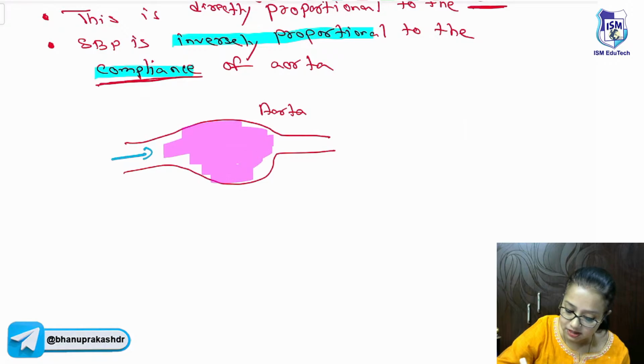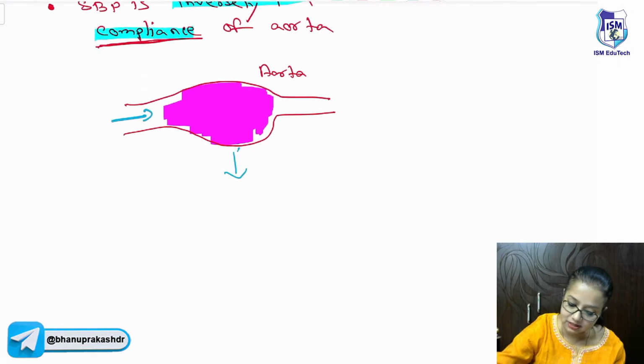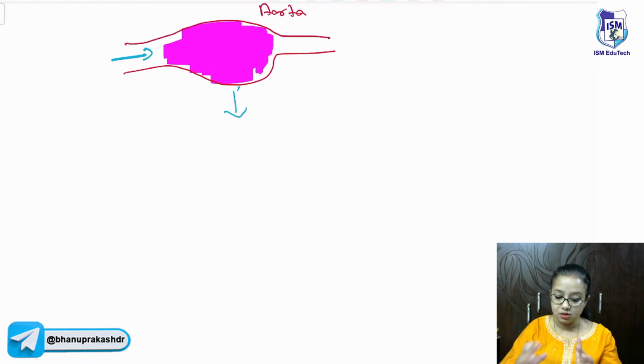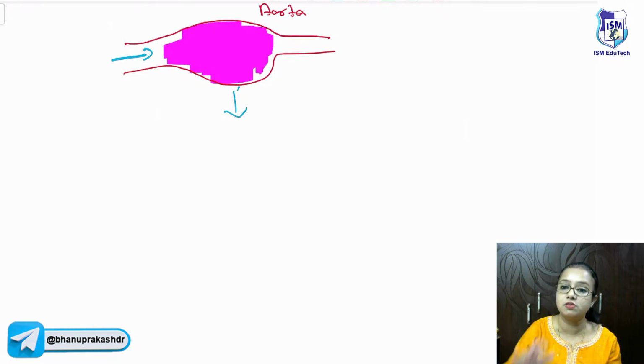Now, when the blood is entering in large quantity or in more volume, the aorta has a capacity to stretch out. The blood cannot actually exert a lot of pressure on the walls of the aorta because it has smooth muscle and elastic fiber. So when a large amount of blood is entering the aorta, the pressure cannot exert very high on the aortic blood vessel because the aorta expands, it gets stretched.